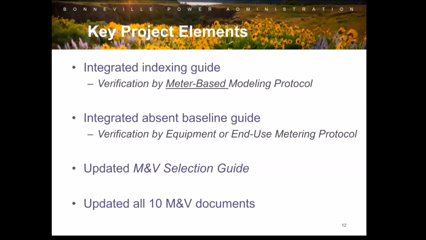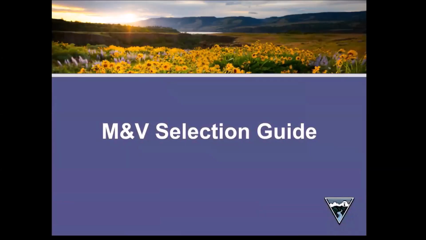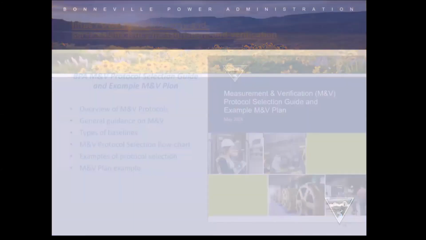The other documents, we did do a heavy lift on the M&V selection guide, as I mentioned already, and we'll be looking at that next. And then we did make a variety of minor updates to all 10 of the remaining M&V documents. All right, so we'll look at the M&V selection guide.